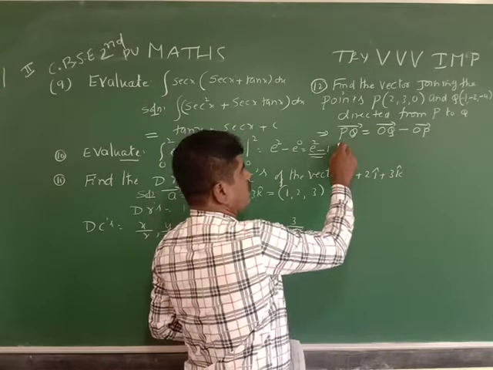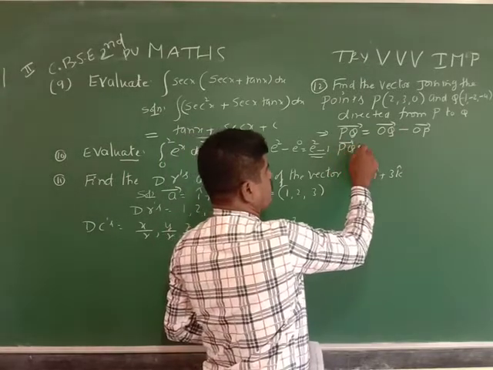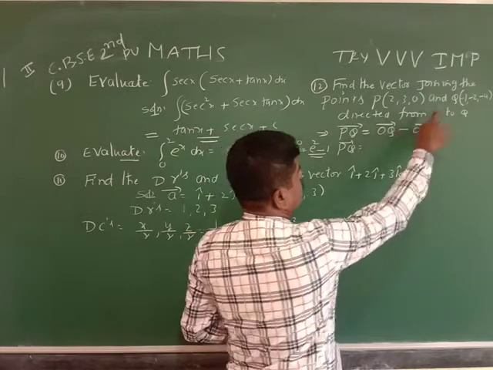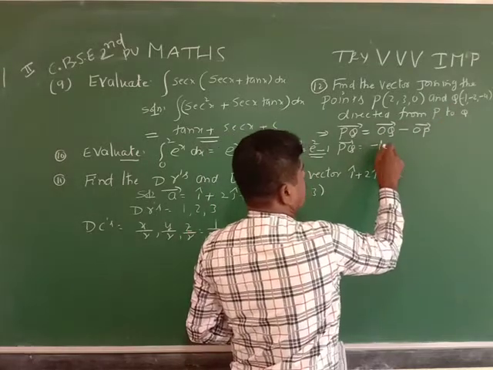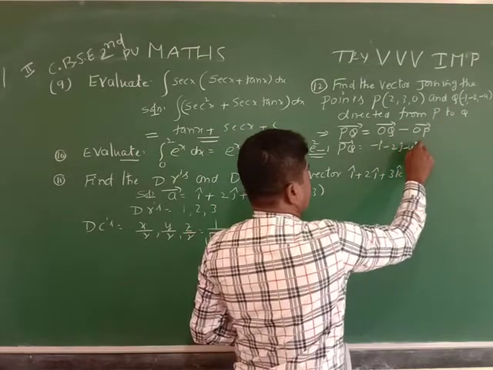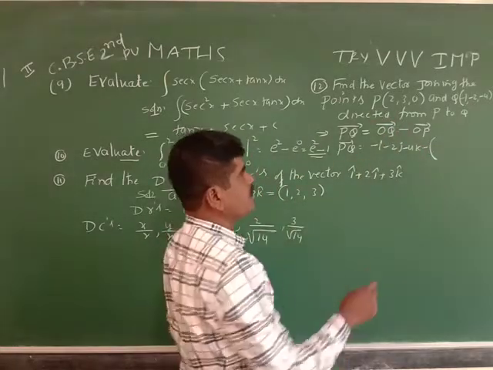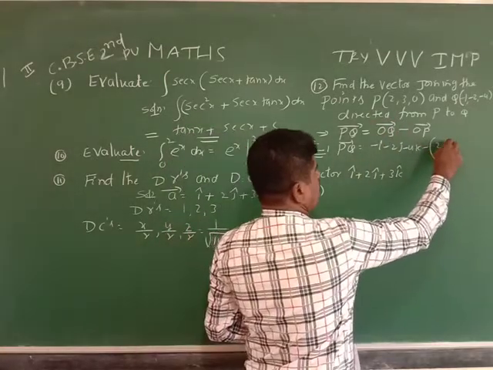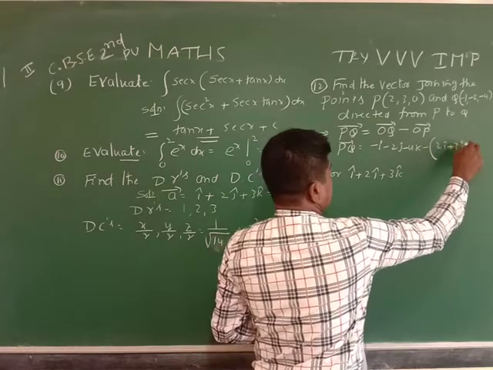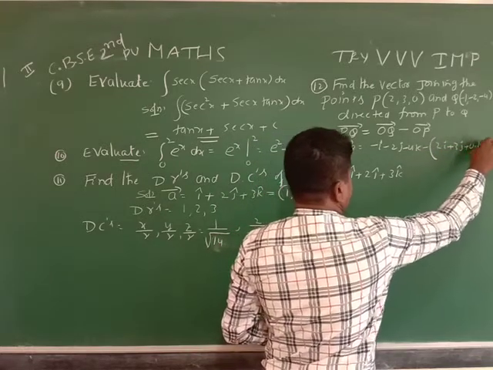OQ is minus i minus 2j minus 4k, minus the position vector of P, which is 2i plus 3j plus 0k.